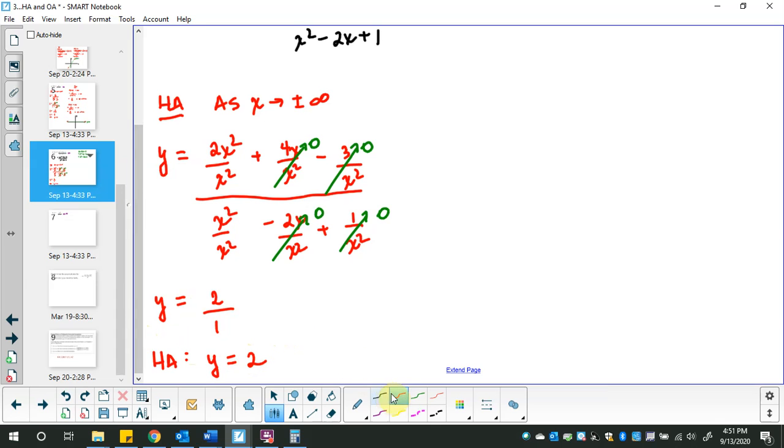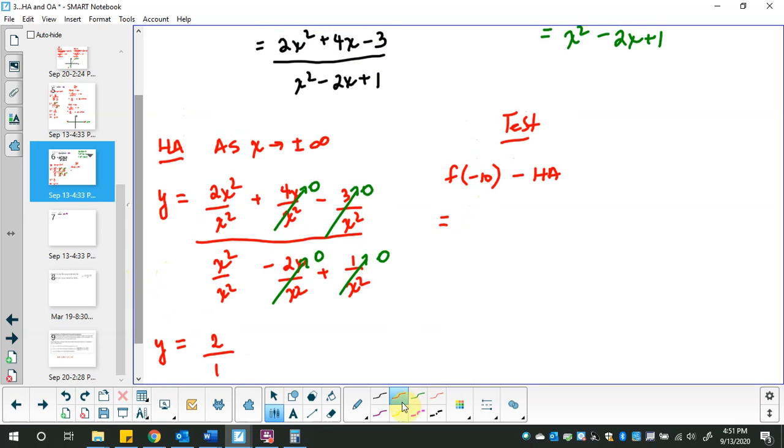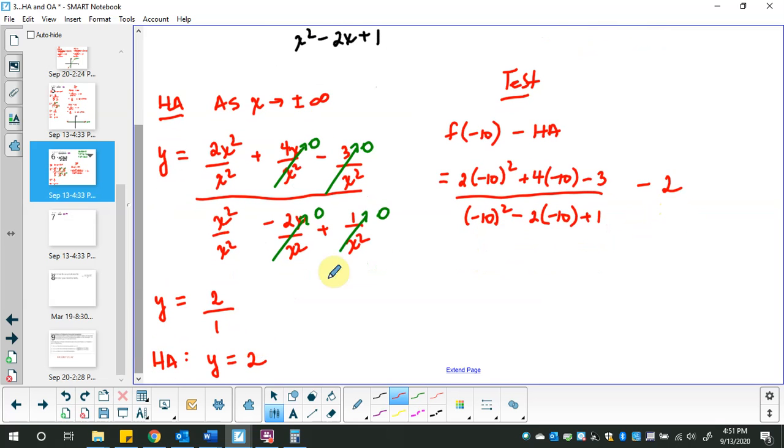Now I get to do my test. Like, that's a good thing. So f at -10, subtract off the horizontal asymptote. So I'm going to take my new version and put -10 in there. And I'm super excited. I like horizontal way better than oblique because I know I don't have any more substituting. I can just subtract off 2.